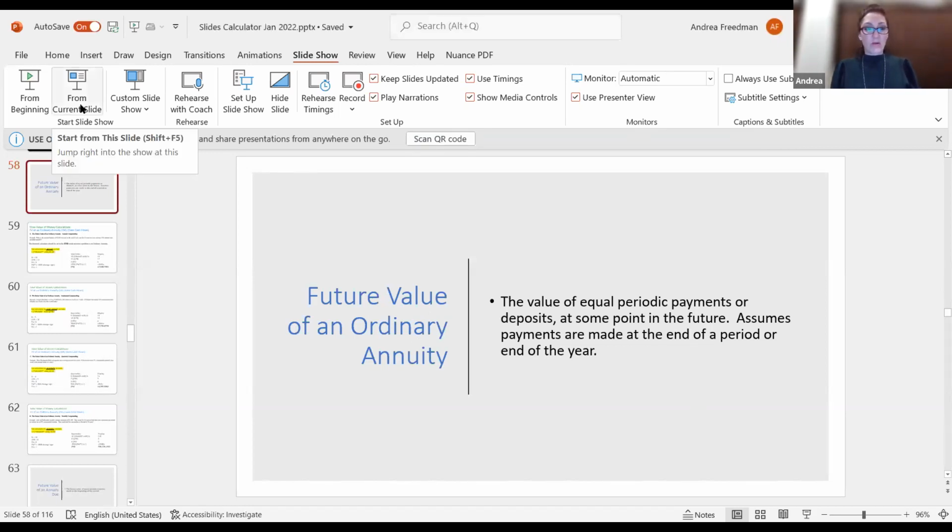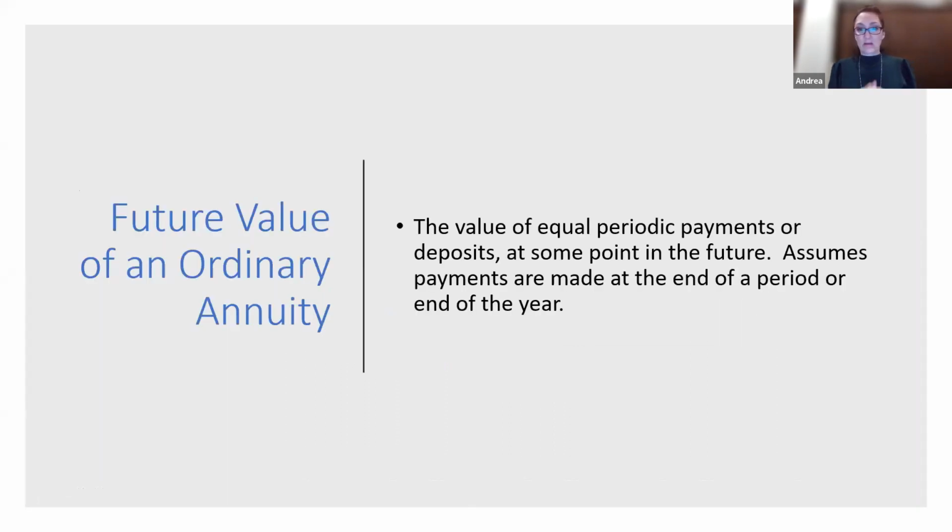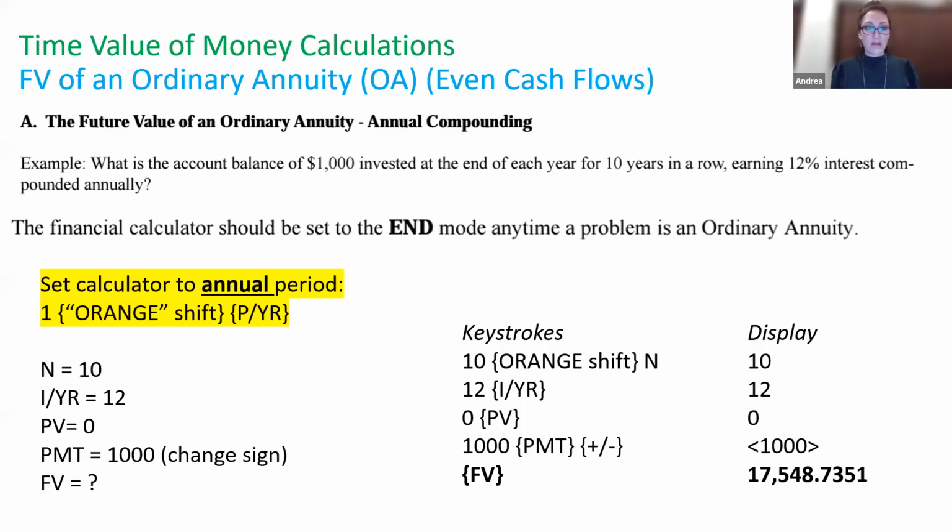Okay, so now we are going to look at the future value of an ordinary annuity. Let's go forward and look at our question, with annual compounding. This is a future value of an ordinary annuity, which, remember, means our calculator is going to be set to end mode.